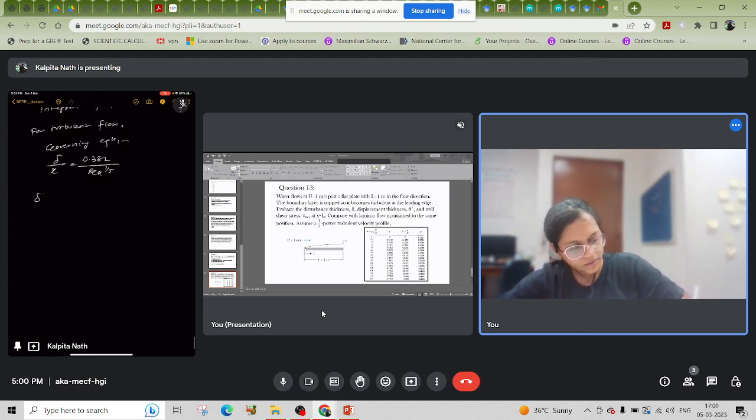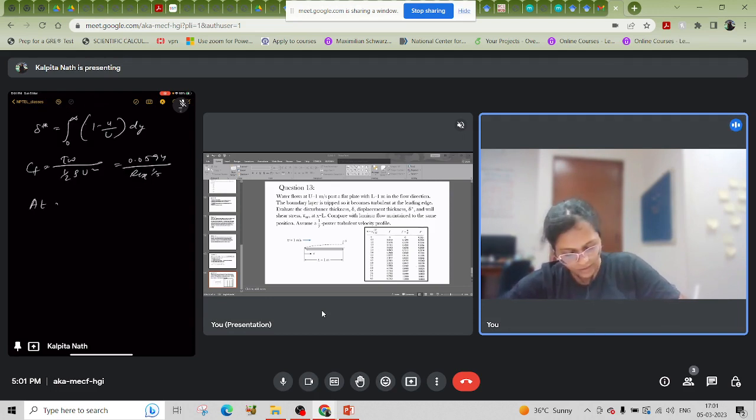Then delta star is equal to integral from 0 to infinity of 1 minus small u by capital U dy, and CF is equal to tau w by half rho U square, equals 0.0594 Reynolds number to the power minus 1/5.